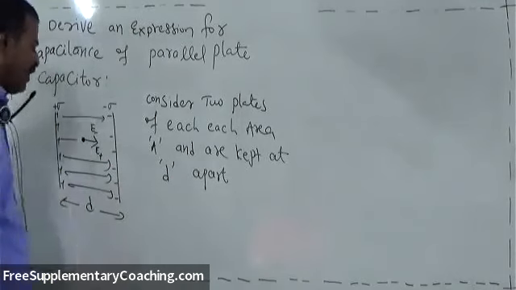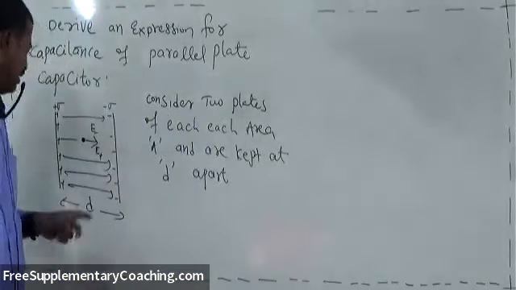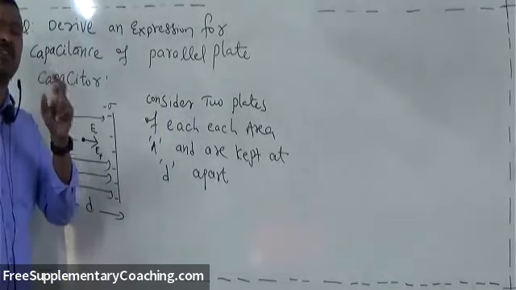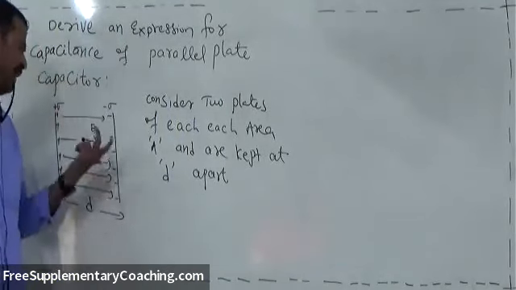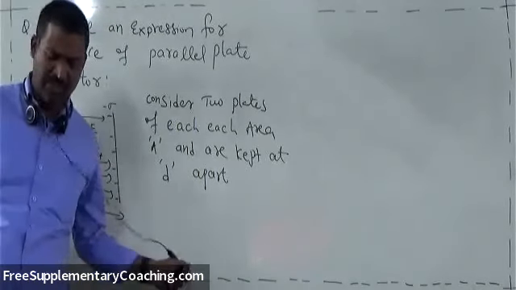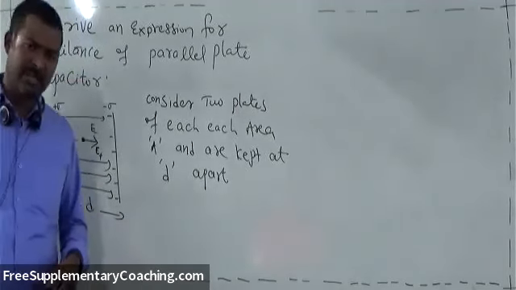So the net electric field at any point inside, because we know these are conducting plates, the electric field in front of them is uniform. So everywhere you take, it will be the same. The net electric field is the sum of these two electric fields produced by positive and negative charge.